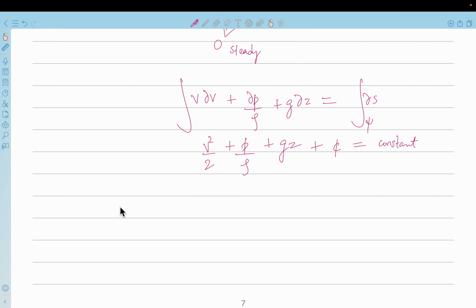The flow is irrotational, okay, but still in an irrotational flow the streamlines can be converging or diverging, right? See, what I'm saying is that if I have a streamline, we call this point 1 and another point 2.